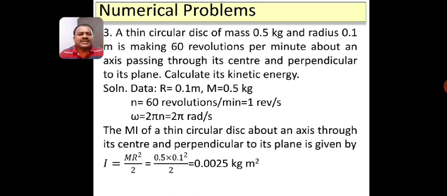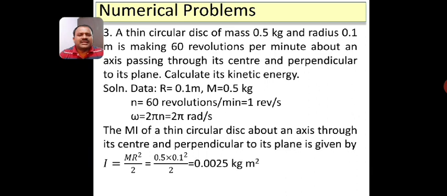Here the given data: r is given as 0.1 meter, m, the mass of the disk, is given as 0.5 kg, and n, the number of revolutions or rotations, is given as 60 revolutions per minute. So convert this into per second. If you divide it by 60, you will get 1 revolution per second.